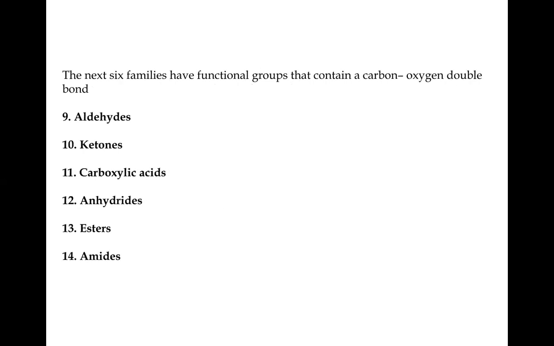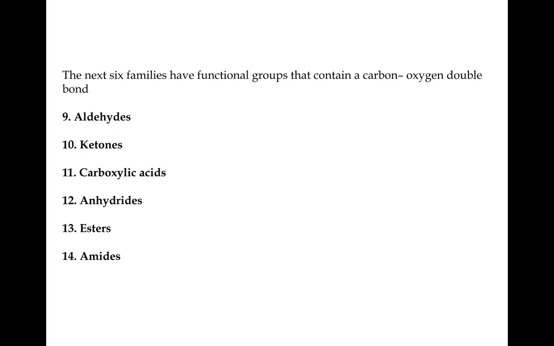And then you have the next six families that contain carbon-oxygen double bonds, right? So the aldehydes, they have the carbon-oxygen double bond, and then that carbon that's double bound to the oxygen has a hydrogen on it, right? Ketones, carbon-oxygen double bond with carbons on both sides.